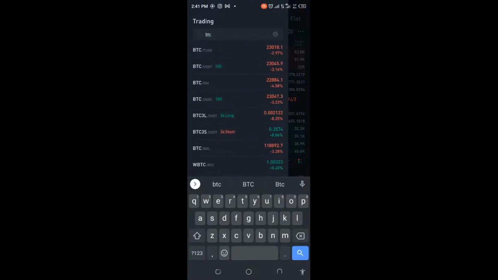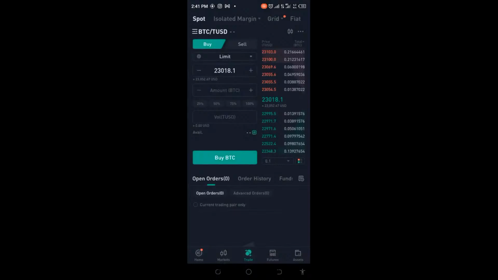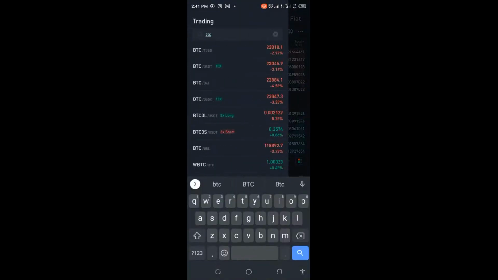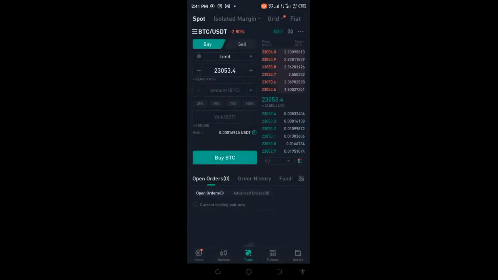BTC USDT, that should be this. If I try to sell my BTC, what will I get? I will get 25.55.